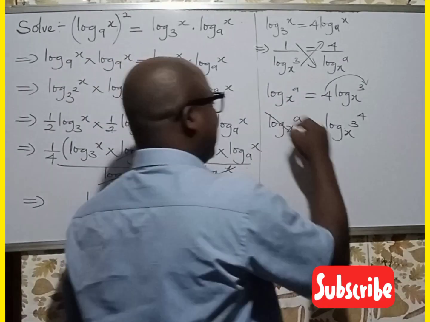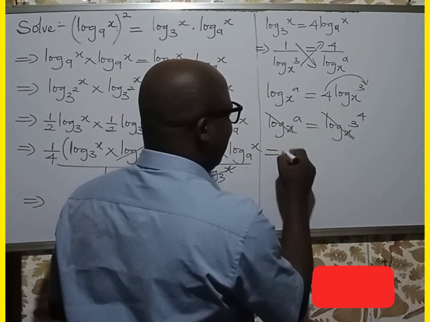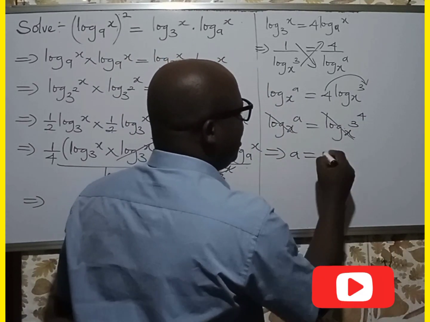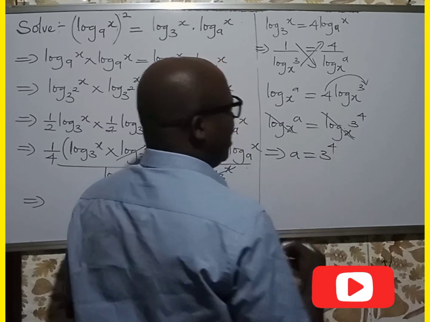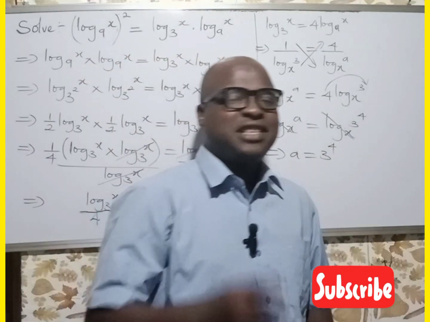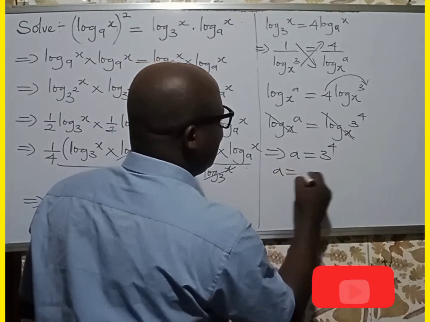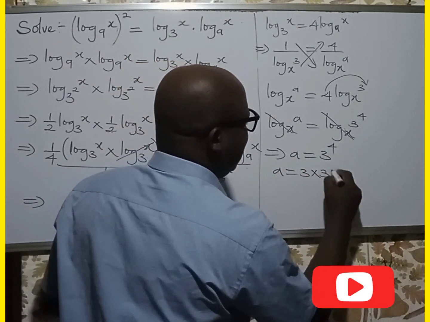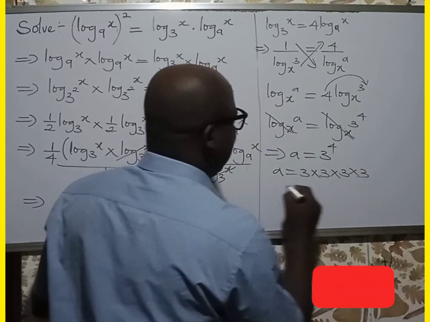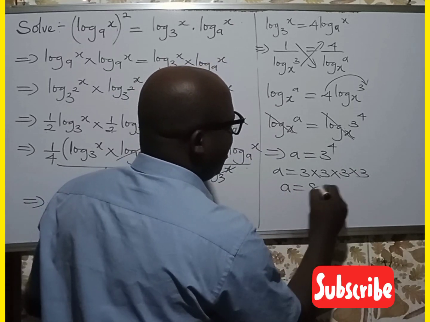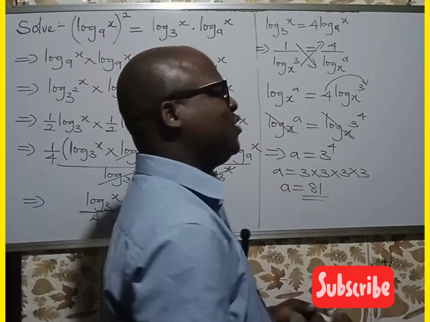So the log x will cancel. That means we are now having a equal to 3 raised to power 4. And 3 raised to power 4 is of course 3 times 3 times 3 times 3. That means our a will be 3 times 3 times 3 times 3, and that is 9 times 9. So our a will be equal to 81.